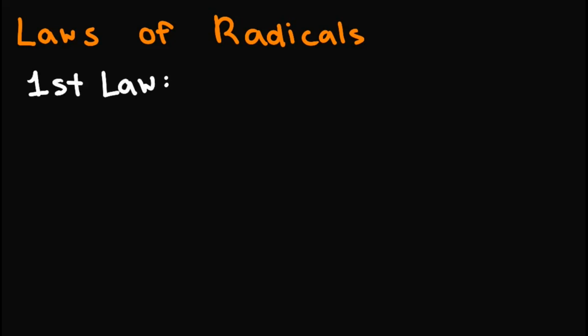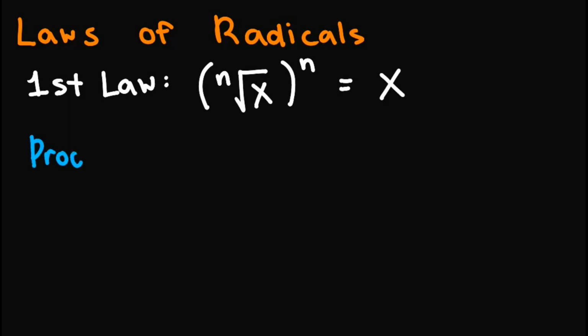So the first law of radicals states that if we have the nth root of x and we raise this one to n, the outcome is simply x. To prove this, we will apply the laws of exponents. So let's have this one. Proof.